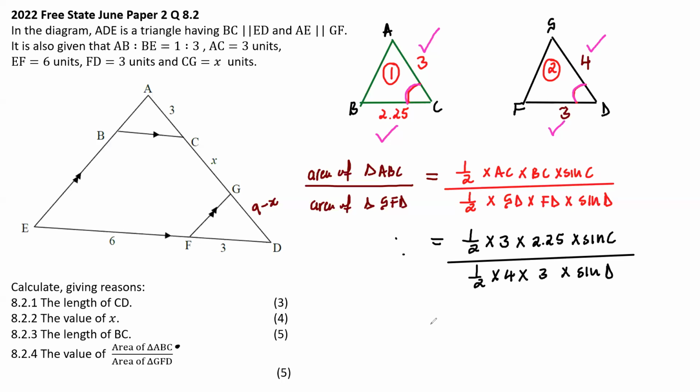But one thing for sure is that C and D are equal. Why are C and D the same? Because they are corresponding. So it's like they cancel out.